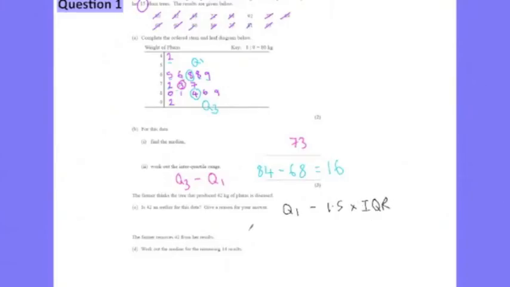So we have quartile 1, 68, subtract 1.5 times 16, which equals 44. 44 is the limit. Therefore, 42 is less than 44. Therefore, it is an outlier.